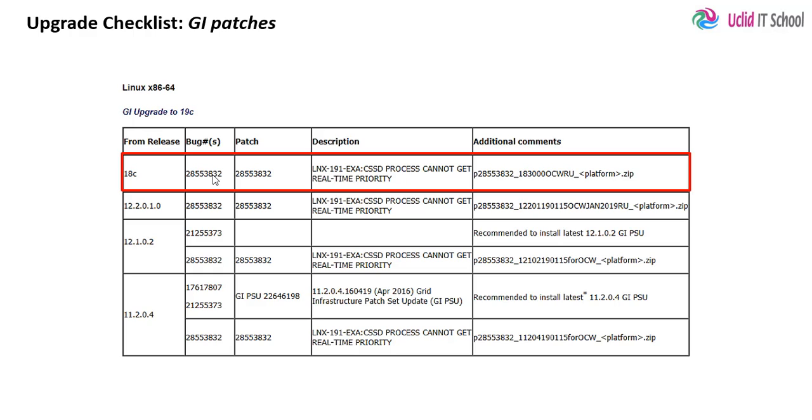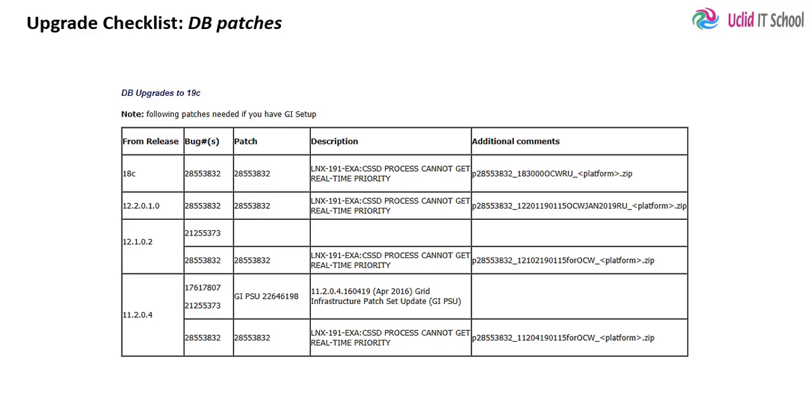Similarly, for database home also, you have the patch. If your current release is 18c, this is the patch. For example, if your current release is say 11204, these are the three patches that you need to apply.